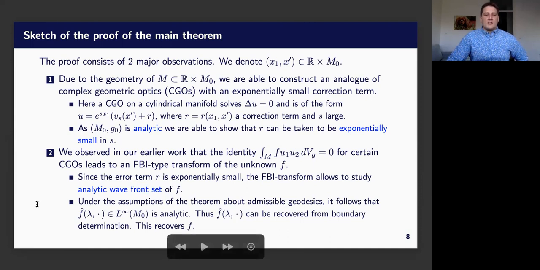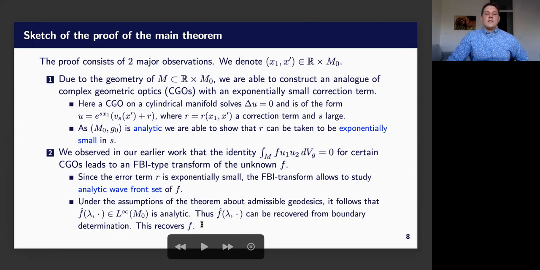Then, under the assumption that all the vectors on the transversal manifolds are generated by admissible geodesics, it follows that this f hat lambda, which is the Fourier transformation of the unknown f in the x1 direction, is actually analytic.